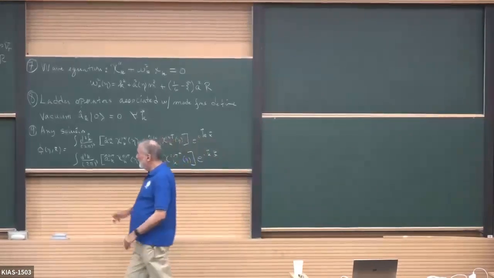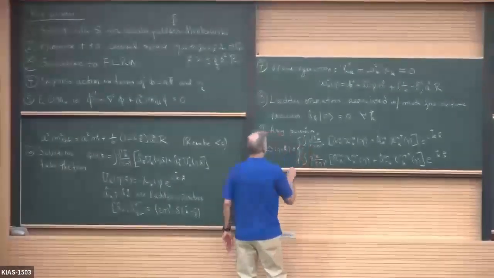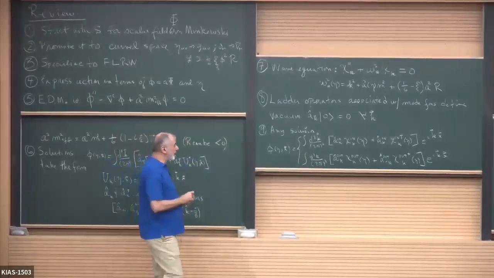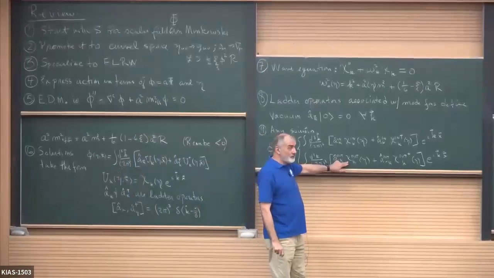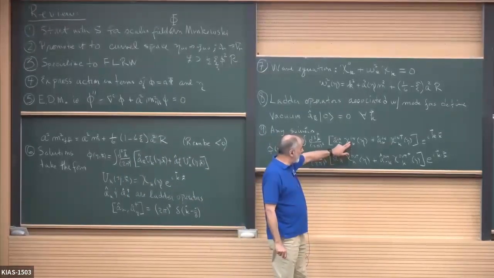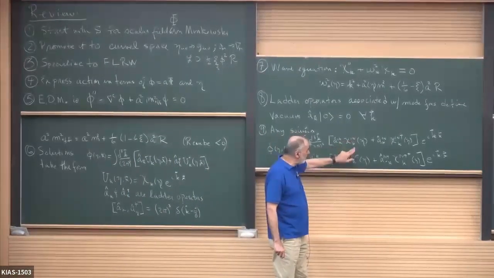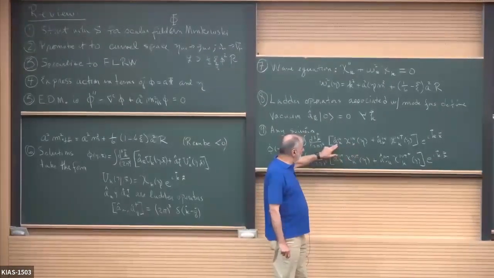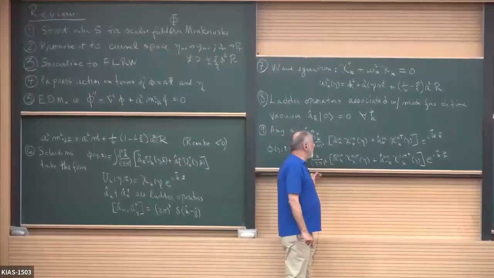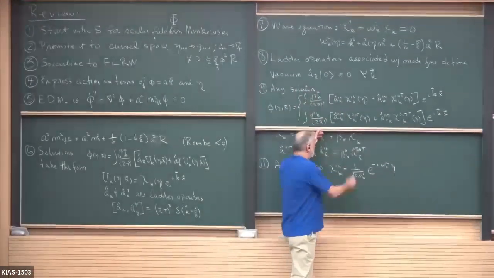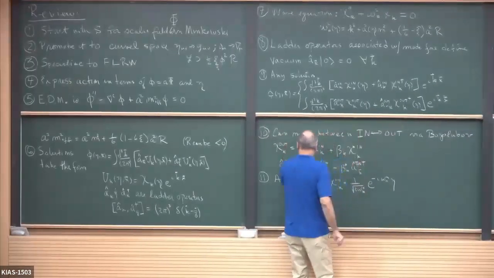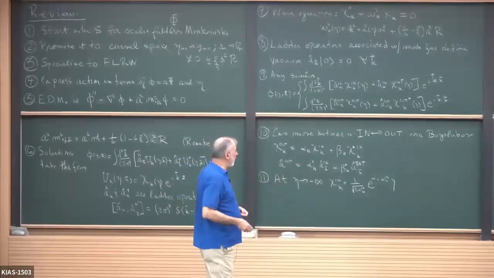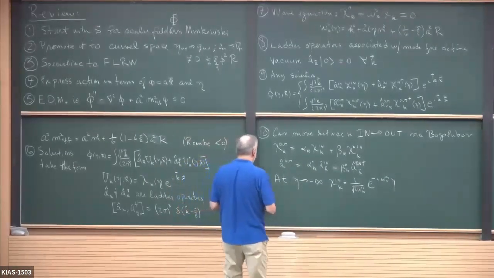So we can write the solution in terms like we did here, or in terms of some other mode functions. I've defined a mode function chi_k in and a mode function chi_k out. Associated with those mode functions are ladder operators a in and a out. And we can move back and forth between these in and out mode functions via a Bogoliubov transformation.